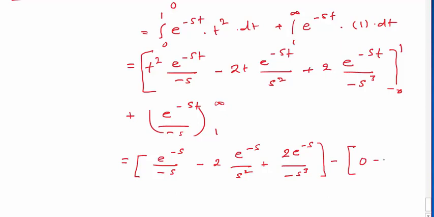So t square will become 0, minus t will become 0, and this is minus 2 e power 0 is 1, so 2 upon s cube.